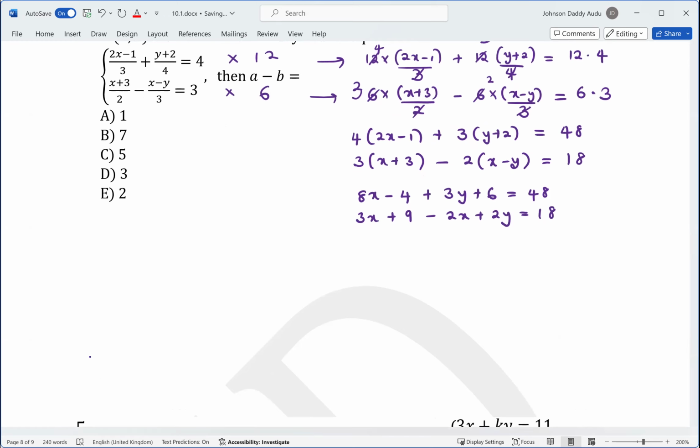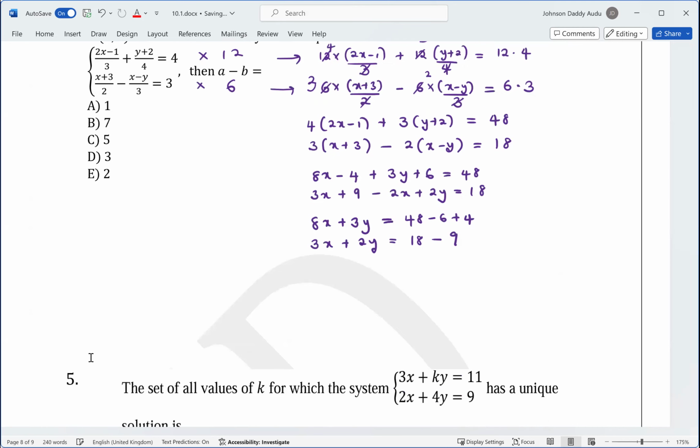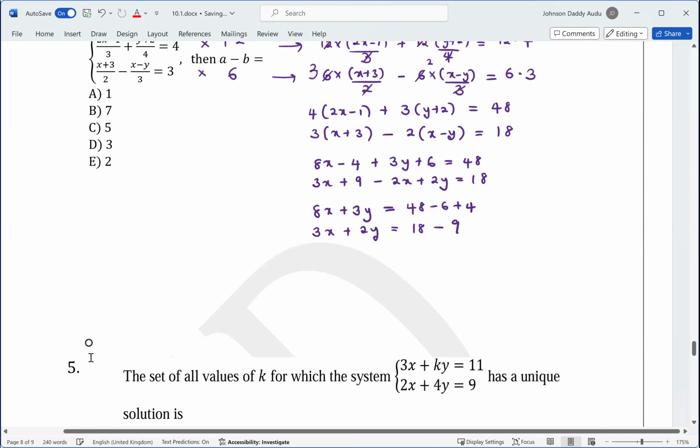Now we can rewrite this. So you have 8x plus 3y equals 48 minus 6 plus 4. And this one will be 3x plus 2y equals 18 minus 9.